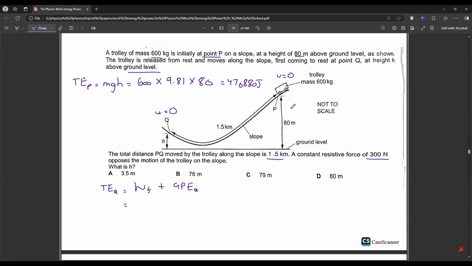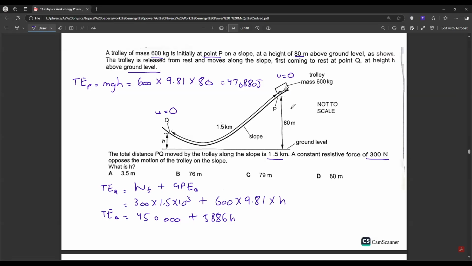What will be the work done against friction? 300 into 1.5 into 10 raised to the power of 3, since we have kilometers, plus gravitational potential energy at Q, that is m, 600 into g, that is 9.81, into H. So let's calculate it. 300 into 1.5 into 10 raised to the power of 3 gives you 450,000 joules, plus 600 into 9.81 into H, that is 5886H. Perfect. This is the total energy at Q.